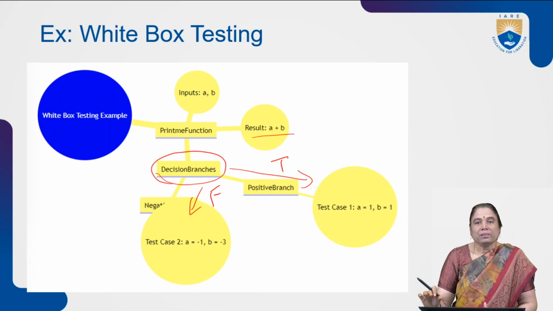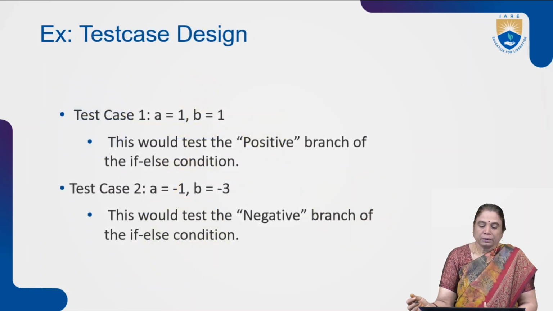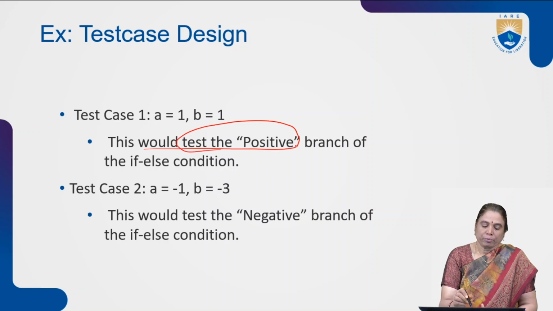With the help of the program, the control flow graph can be developed. The test cases are designed to exercise both the paths. This test case is used to check the positive path of the program. The second test case concentrates on checking the negative path of the program.